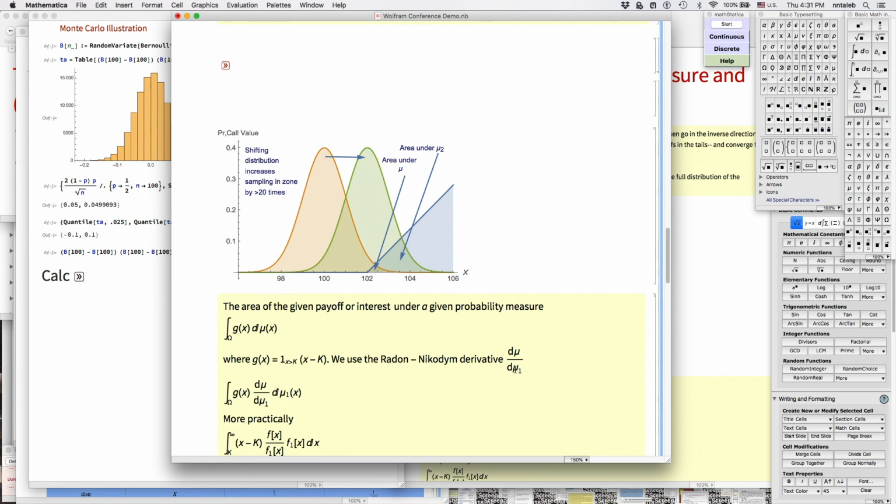Okay, so something figured out in sampling is, say I have a function that starts here, and it's in a tail of the distribution. So only 3% of my Monte Carlo will cover that function.